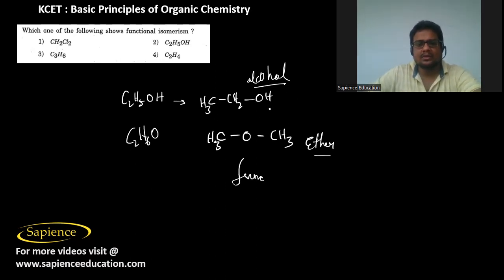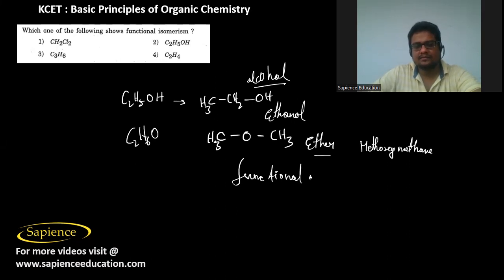One is ethanol and the other is methoxymethane. So these two are functional isomers. So option 2 is the correct answer.